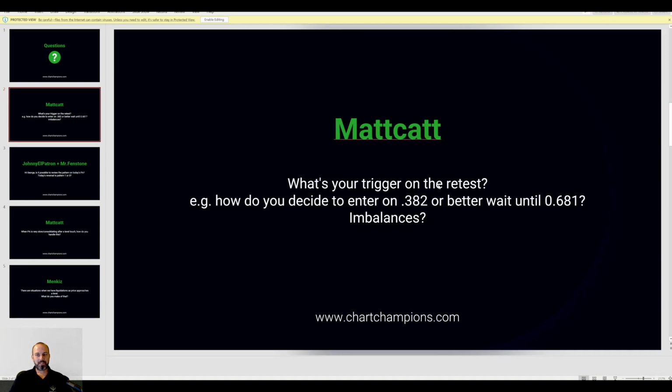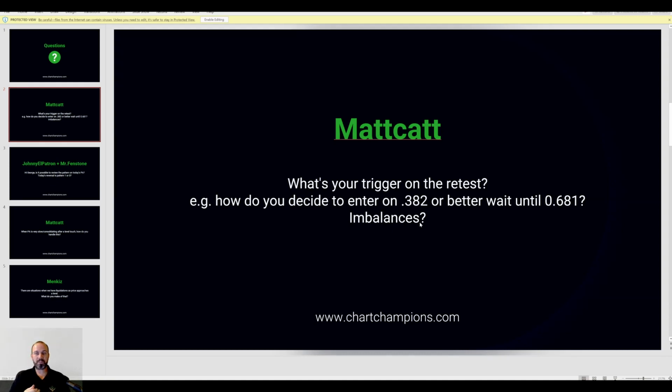Question: what is your trigger on the retest? The buying or the selling imbalances. That is the trigger for the trade. How do you decide if the 382 or better wait for the 618? Imbalances. That is the trigger for the trade. Now, obviously, again, I only cover the most important parts of this trade.